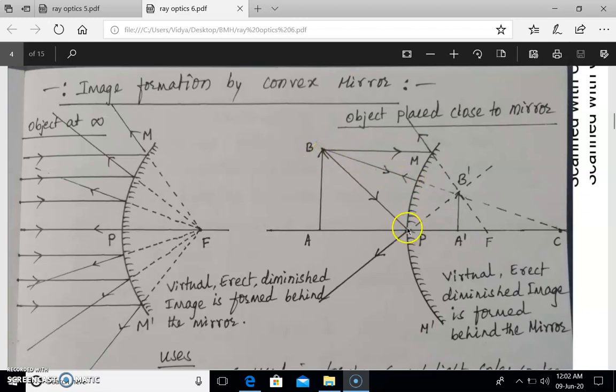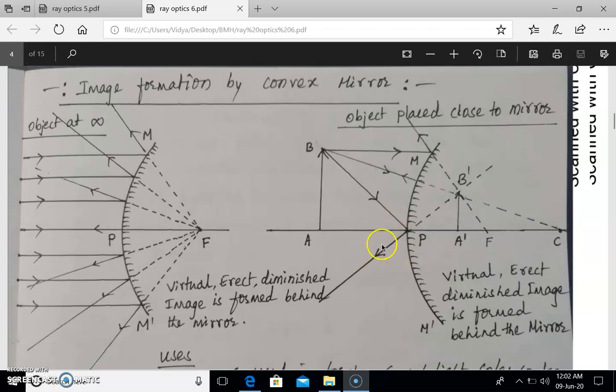For a ray incident at the pole, suppose the angle of incidence, that is the angle between BP and AP, is 30 degrees. Then after reflection the light advances in that particular direction such that the angle of reflection is also 30 degrees, since the angle of reflection must be equal to the angle of incidence according to the second law of reflection.